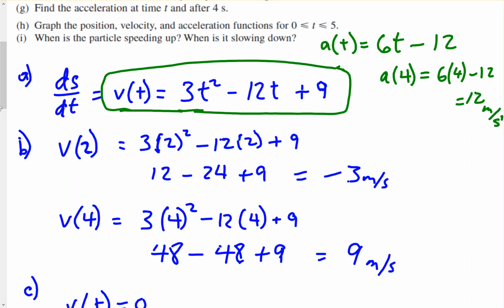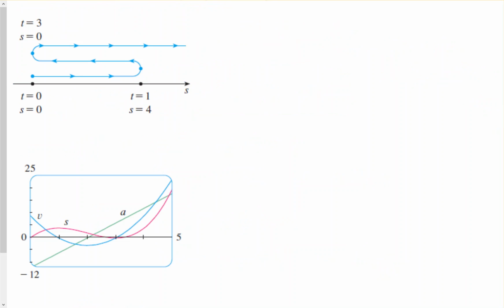Okay, H, graph the position, velocity, and acceleration. Okay, we'll show that in a second. When is the particle speeding up? When is it slowing down? Okay, so let's take a look at the graph then.